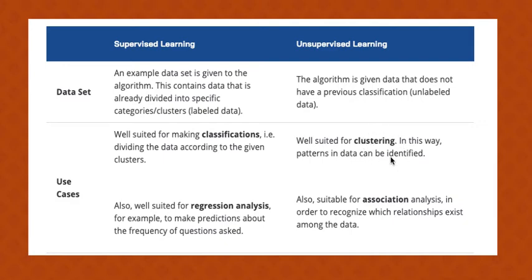Clustering, I have to say, is very similar to classification, but clustering is a process of identifying natural groupings in the data set. So we use clustering to find the natural clusters in the data set.